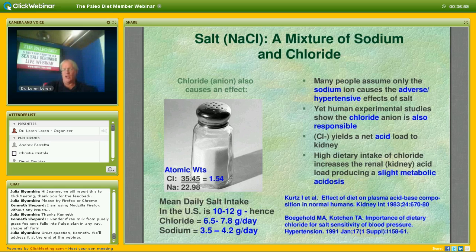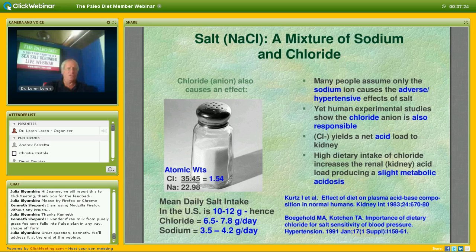I've given you a citation down here from 1991. I believe by 91 there were more than 30 references showing that if you fed hypertensives sodium citrate or sodium bicarbonate, it didn't elevate blood pressure, whereas sodium chloride did. So bottom line is the chloride ion is just as responsible as is the sodium ion in elevating blood pressure.